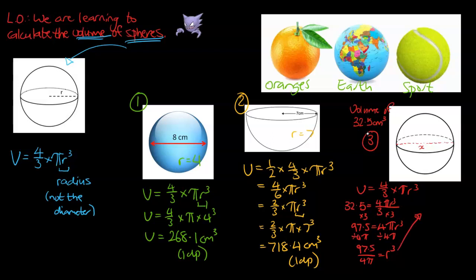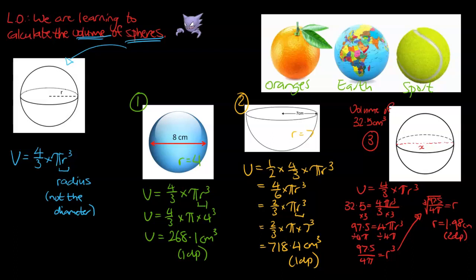Now I'm going to get rid of that cube by doing the cube root. So the cube root of 97.5 over 4 pi is equal to r. Definitely going to need a calculator to do this, but when I plug that into my calculator, I'm getting 1.98 centimeters. And don't forget, it's not cubed, because we're dealing with the length. That had a 2 dp rounding.